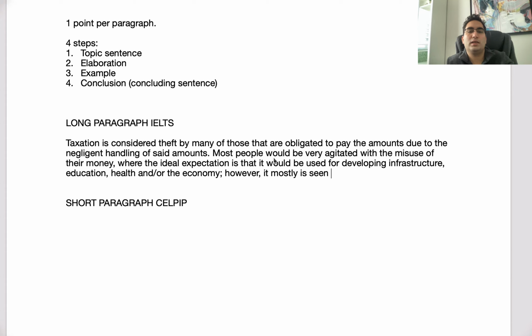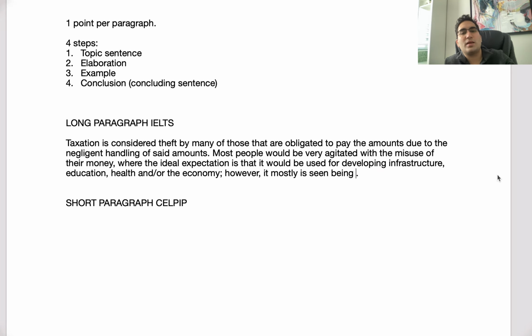seen being misused. Okay, let me just read it to make sure I have written everything correctly. What's wrong with misused? Most people would be very agitated with the misuse. Oh, I said misuse twice. Let's say something else. It is mostly seen being mishandled. I said handling too.